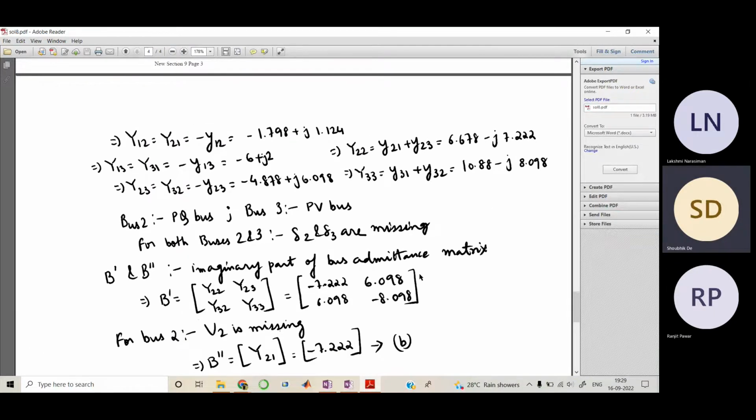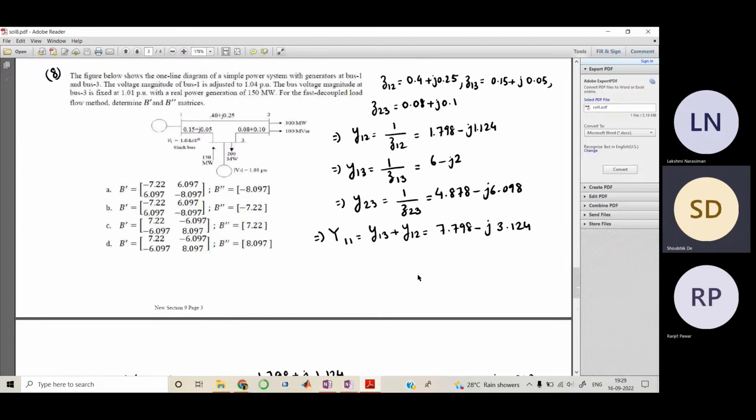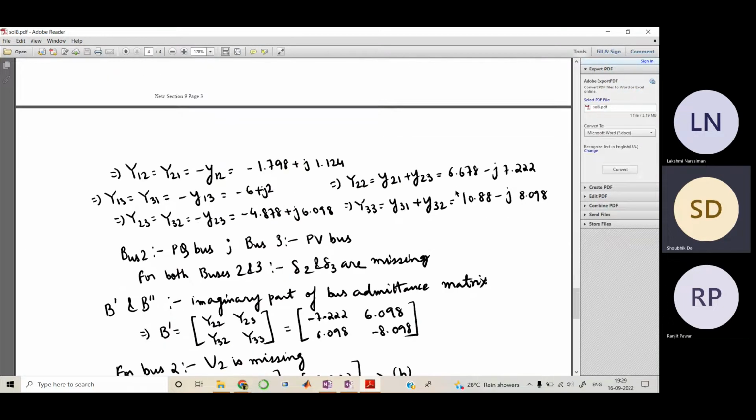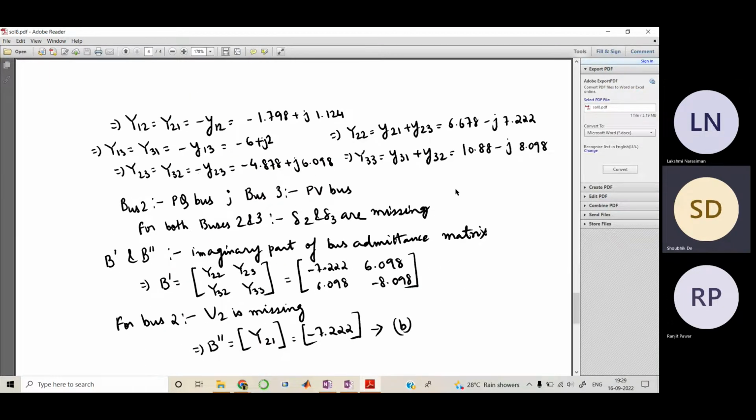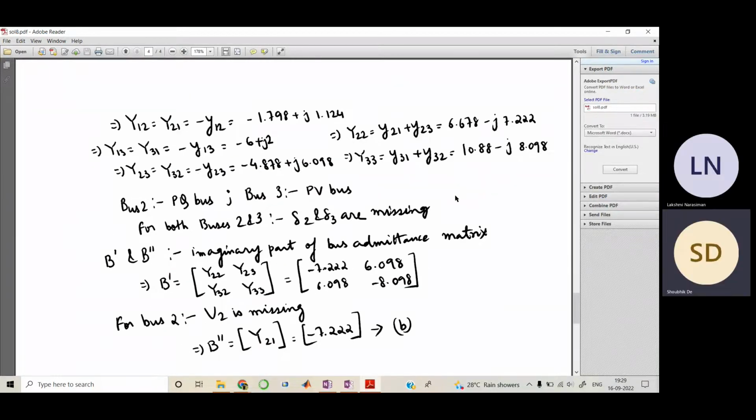For solving this problem, first try to check how these fast decoupled load flow matrices are derived. After that, just see my solution. The things will be much clearer.